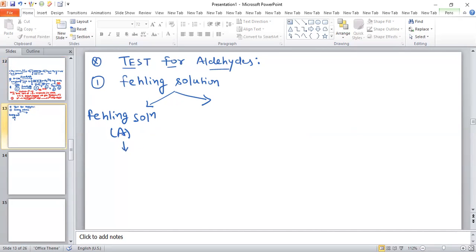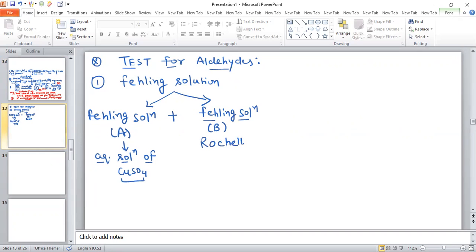Fehling's solution is basically a mixture of Fehling's solution A and Fehling's solution B. Fehling's solution A is an aqueous solution of copper sulfate, while Fehling's solution B is basically Rochelle salt.